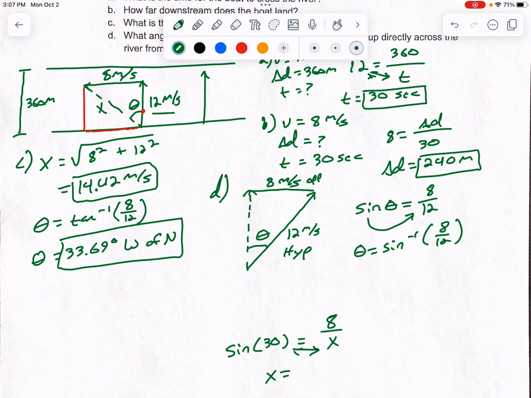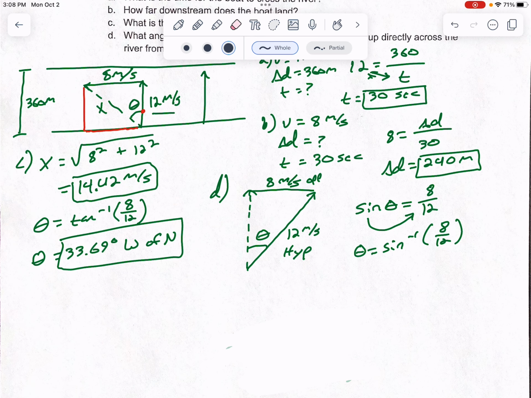So that would be x equals 8 over sine of 30. So all you got to do is take 8 divided by sine of 30. So if you noticed, I didn't make that an inverse sine just because I brought the whole thing over, because I already had the angle. So don't make inverse sines or cosines or tangents unless you're looking for an angle. Be careful with that because sometimes if you see it happen once, your instinct is to make it go inverse anytime you move it at all.